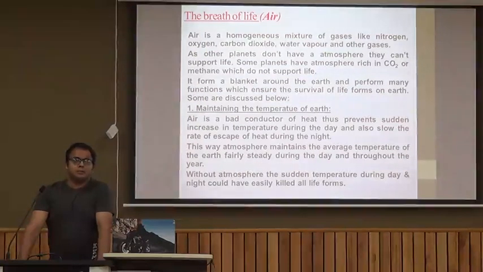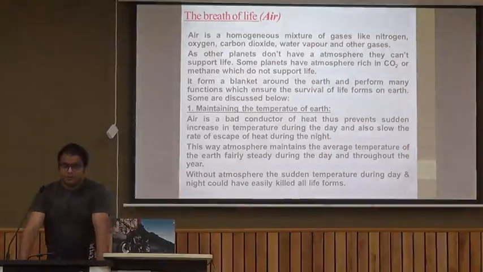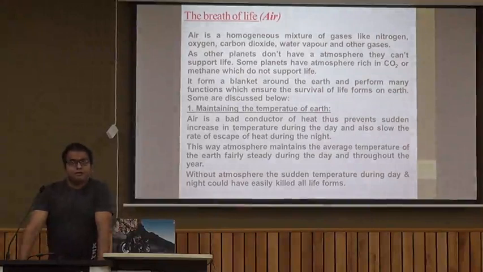It is the atmosphere itself. The planets which don't have an atmosphere are not expected to have any life form, at least on the surface of that planet. Now what are the functions of the atmosphere? It is not only meant for respiration, and it performs a lot more functions.